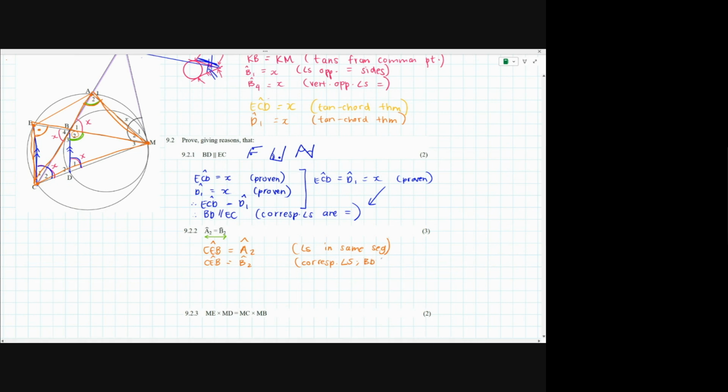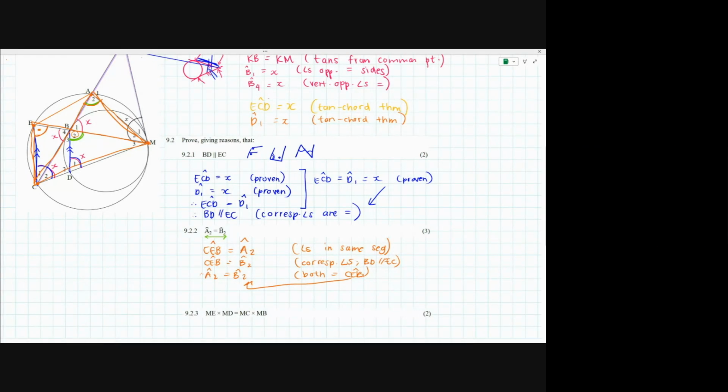BD parallel to EC. And because A2 and B2 are both equal to the same angle, they have to be equal. If you wanted to put a reason, you could say both equal CEB. Because they both equal the same thing, they are equal.